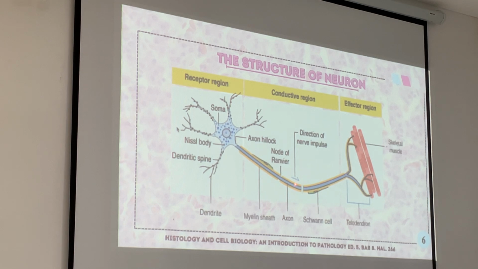Because the wax cannot be passed by the electrons, the electrons will jump from one node of Ranvier to the next node of Ranvier. So it will be faster, rather than going through all the axons, which would be slower.